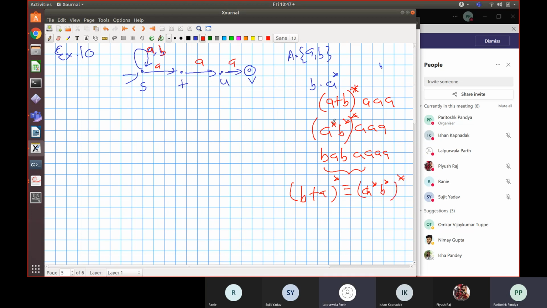This identity is true. So you could have substituted this subexpression by that subexpression. So you are right. You can do it that way, but you need that extra star. Is it clear?